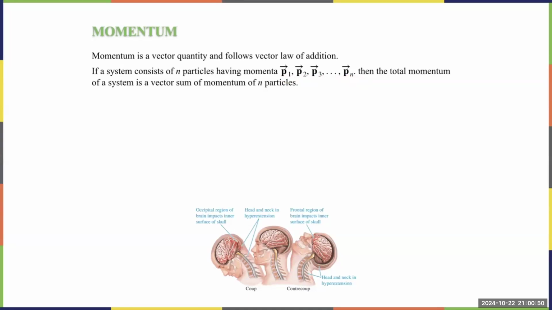The vector sum of all the momenta of the n particles. So if a system has n different particles, and each has an individual momentum, P1, P2, P3, and so on, then the total momentum of the system is the vector sum of all these momenta. Make sense? It is not an algebraic sum, it's a vector sum.